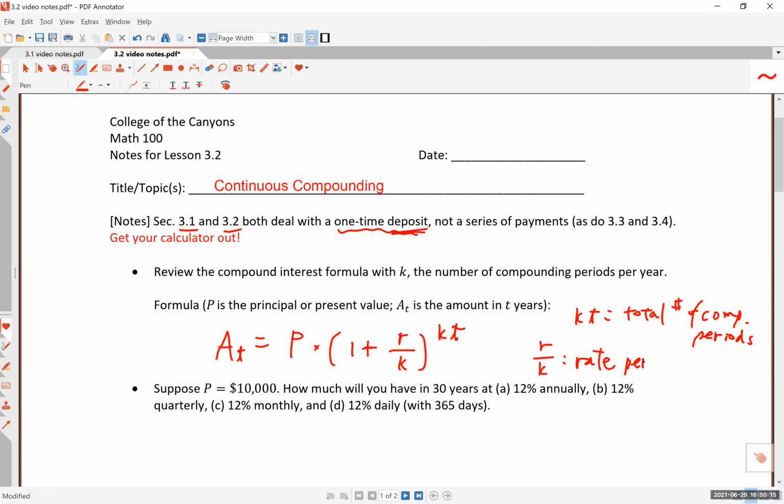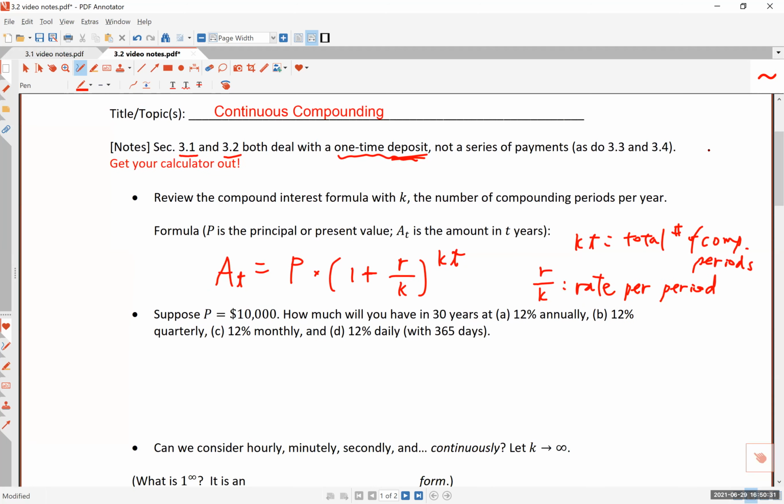That's the rate per compounding period. So if it's 12% monthly, this number will be 0.01, because 12% monthly means 1% every month. Remember that?